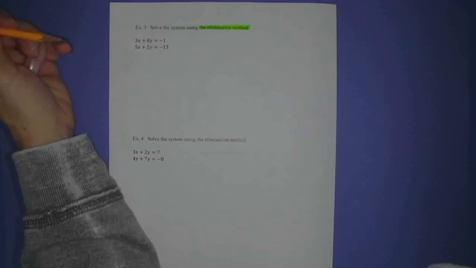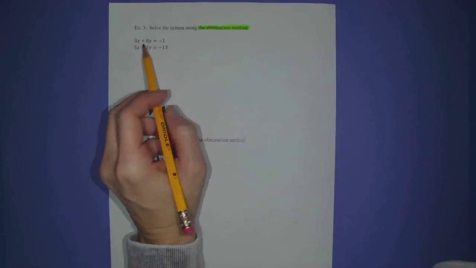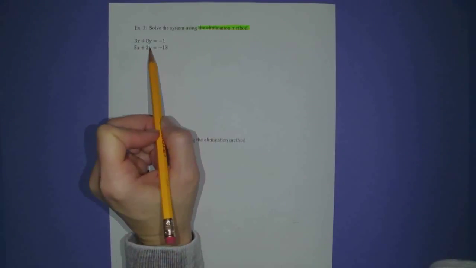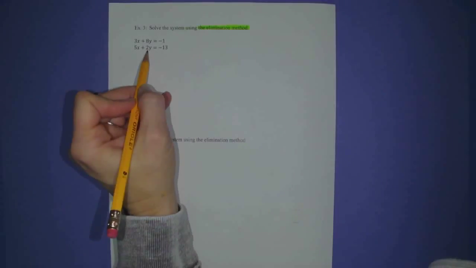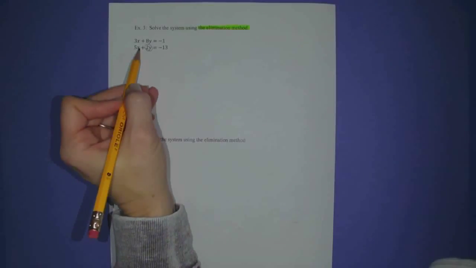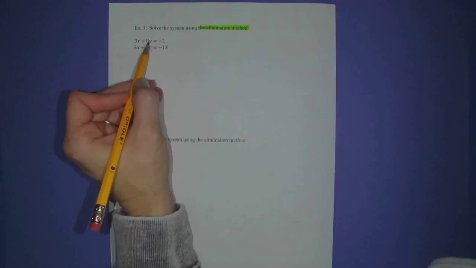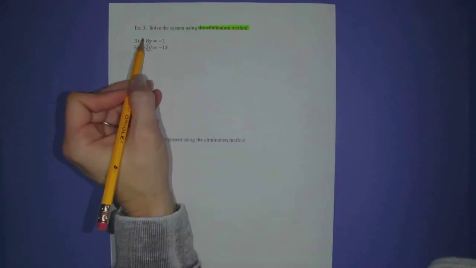Now, I'm already kind of eyeballing these y's. And the reason is you have an 8y here and a 2y. Now, if we can somehow get this 2y to be a negative 8y, then this positive 8y and a negative 8y would eliminate.